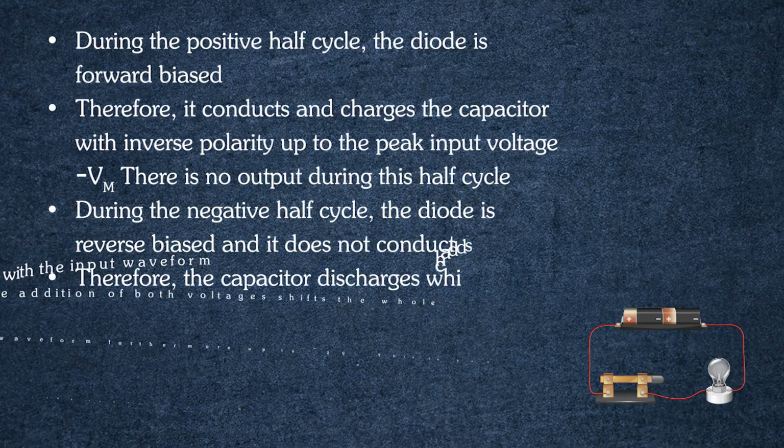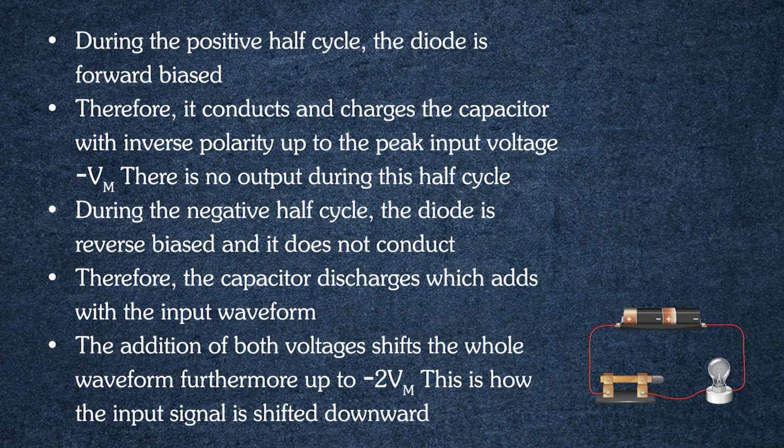During the positive half cycle, the diode is forward biased. Therefore, it conducts and charges the capacitor with inverse polarity up to a peak input voltage of minus Vm. There is no output during this half cycle. During the negative half cycle, the diode is reverse biased and does not conduct.